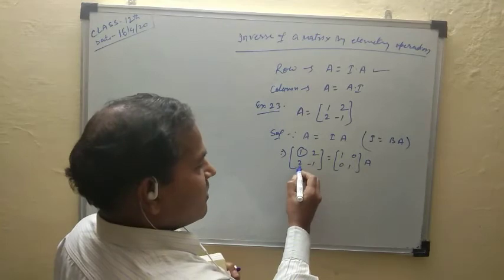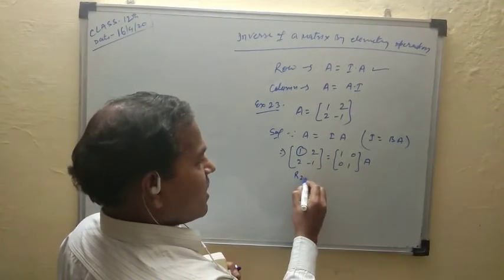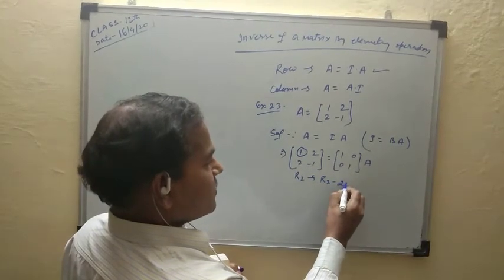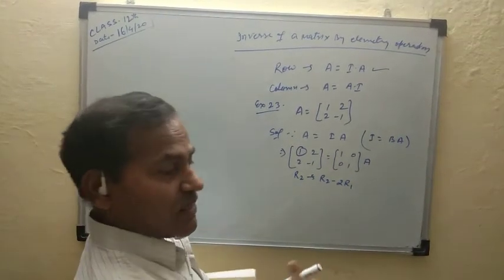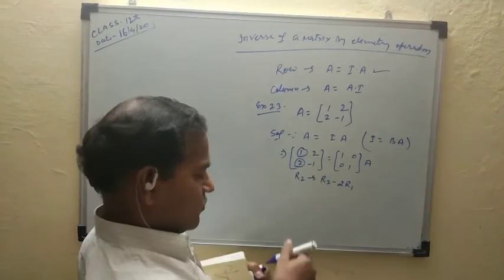So make this element 0 in R2. So use the operation R2 changes into R2 minus 2R1. Make this element 0.